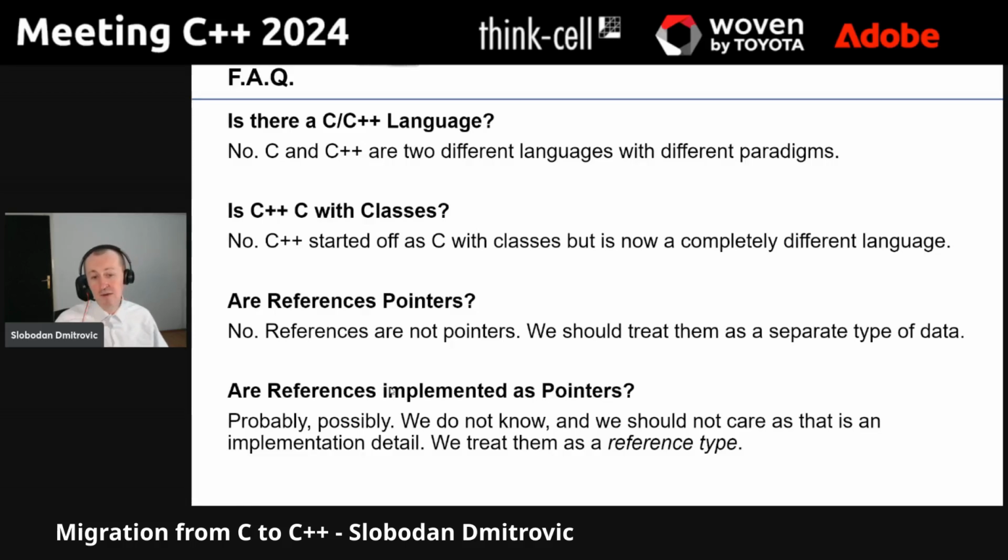Chances are they're implemented as pointers, but the very important thing is that you shouldn't think of them as pointers. They are simply references. That's how we think of them, and that's how we treat them. Mainly used as a type for a function parameter so that we avoid creating temporary copies of function arguments. That's how we treat references for the most part.